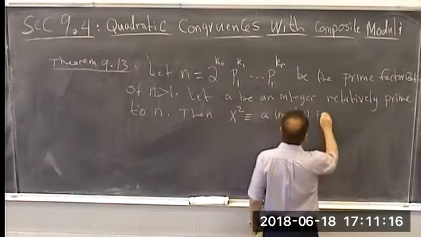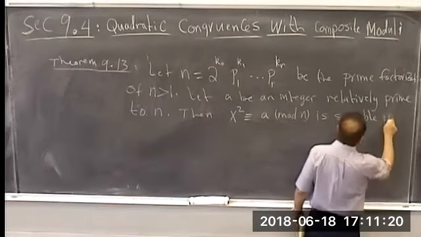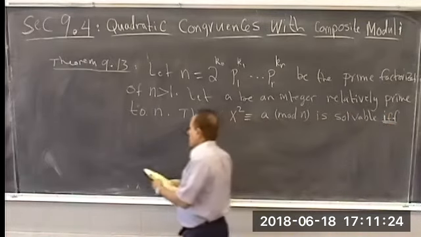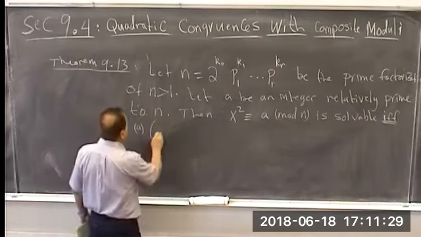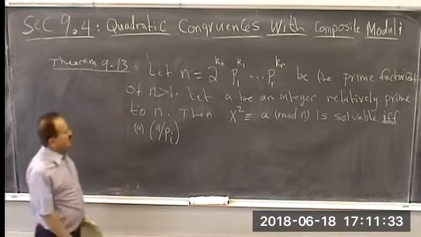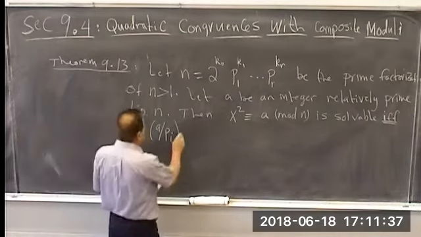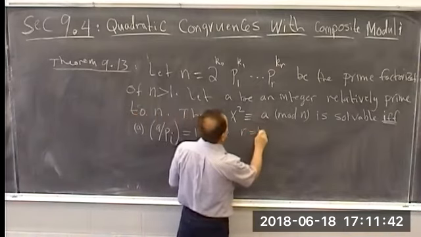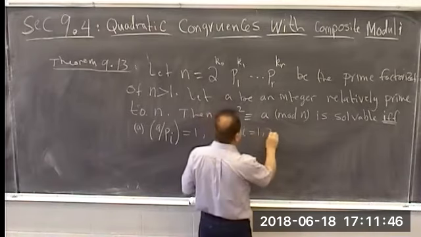This is solvable if and only if, first, the Legendre symbol of A with each of the prime factors is equal to 1, for i equal 1 up to r.